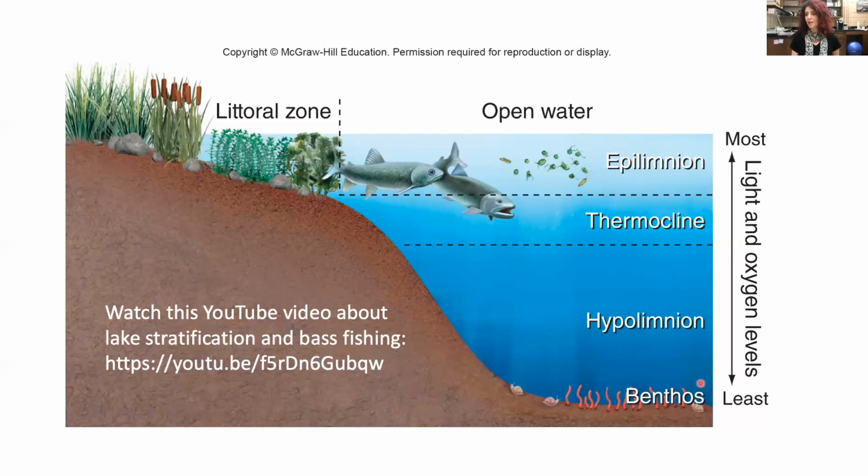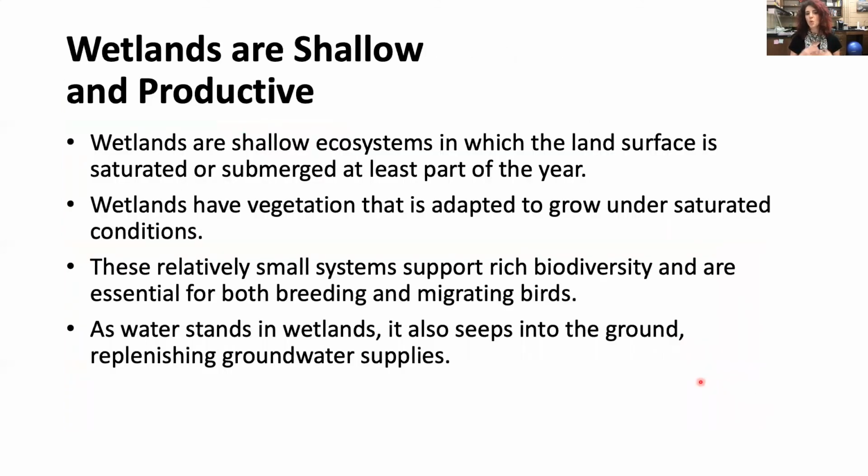Now, moving away from lakes and ponds, we're going to talk a little bit about wetlands and why they're so important, especially in a conservation framework. So wetlands are shallow ecosystems in which the land surface is saturated or submerged completely at least part of the year. Wetlands have vegetation that's adapted specifically to grow under these saturated conditions.